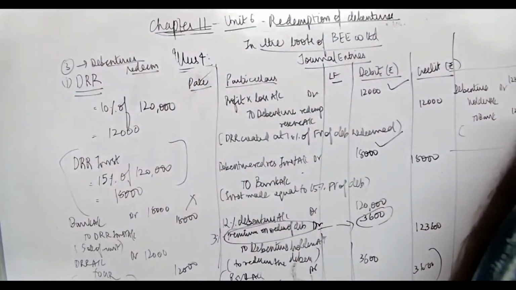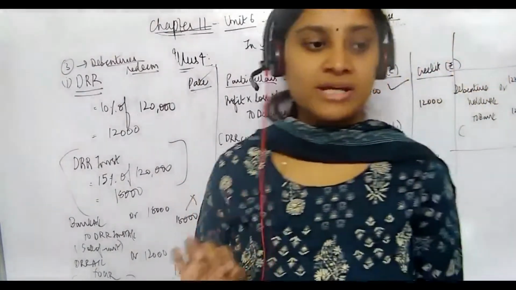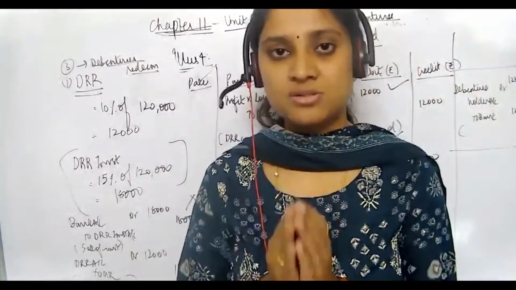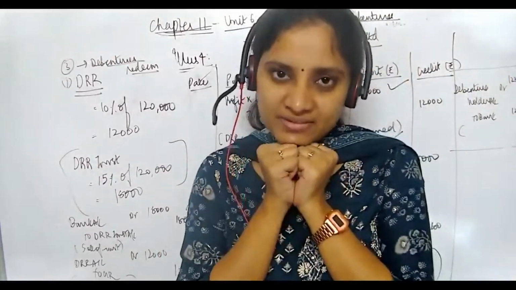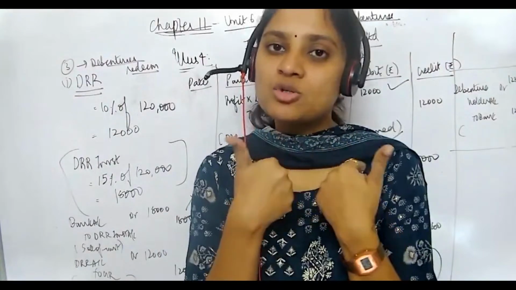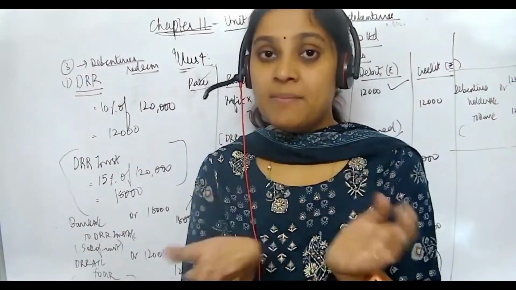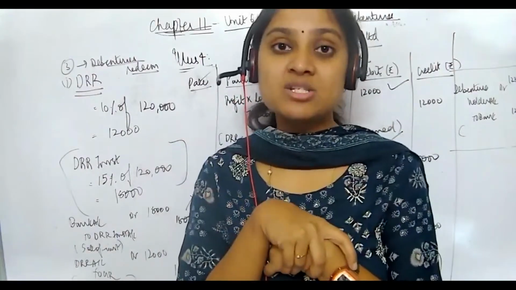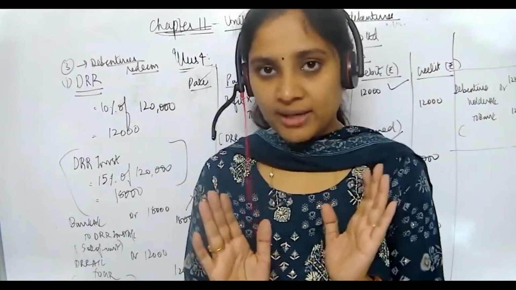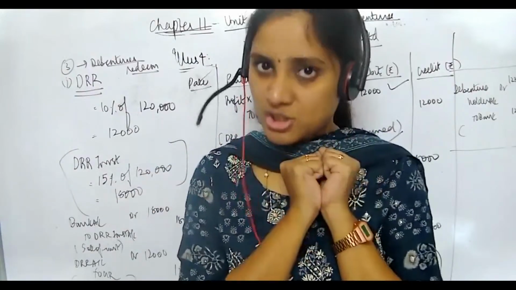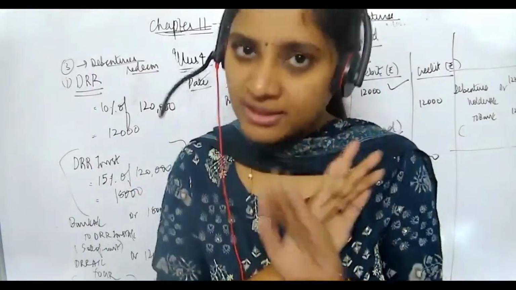Thank you. Now please come back. Now we will be looking at one more question. Now the illustration number 1. It is very, very simple. They have not asked you to pass the journal entries, but in illustration 1, they have asked you to just open the ledger accounts and show. So we will be doing this illustration number 1. You people have nothing to worry.